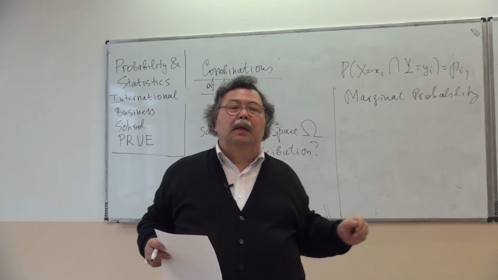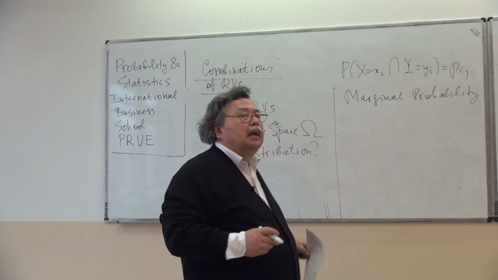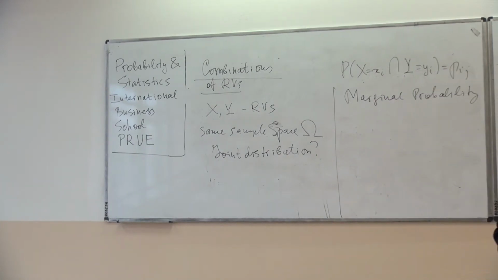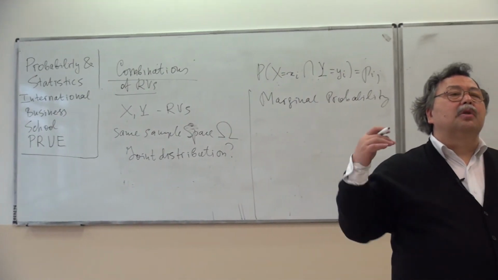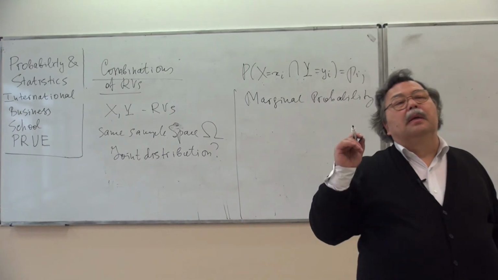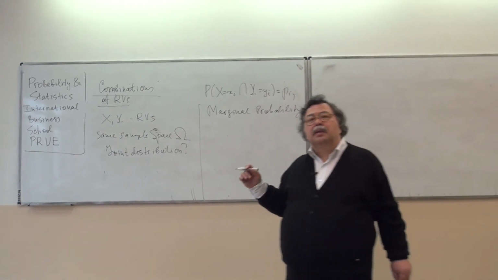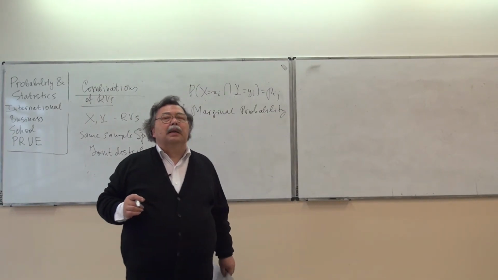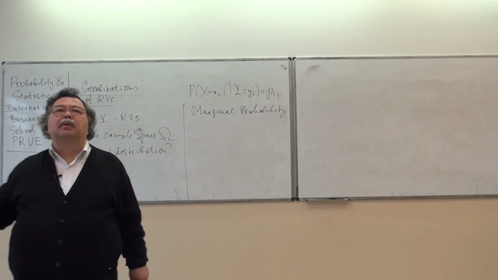This is called marginal probability. It's essentially the same thing as the total probability formula. If you remember, I introduced the total probability formula at one of the lectures, I think it was lecture number 2.